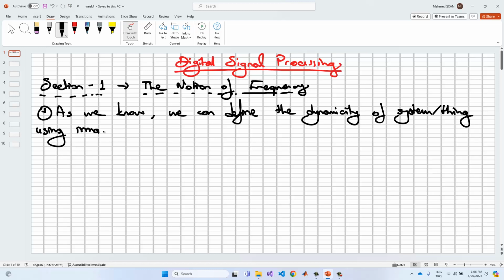The imaginary component, right? And so we can also define a signal in here.